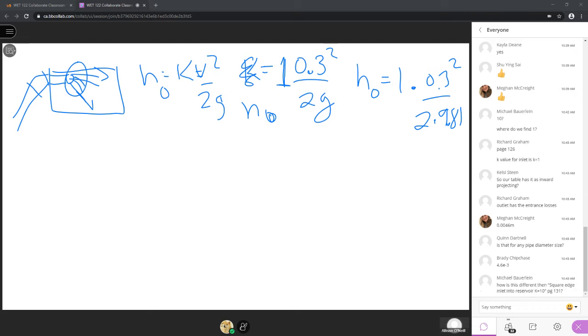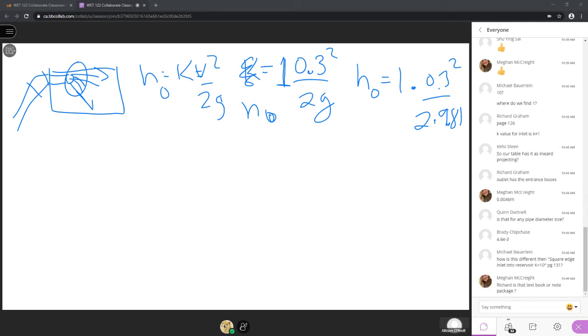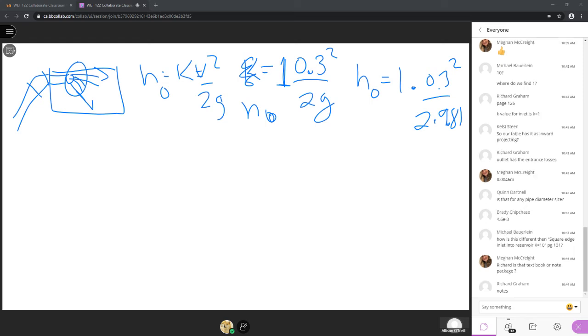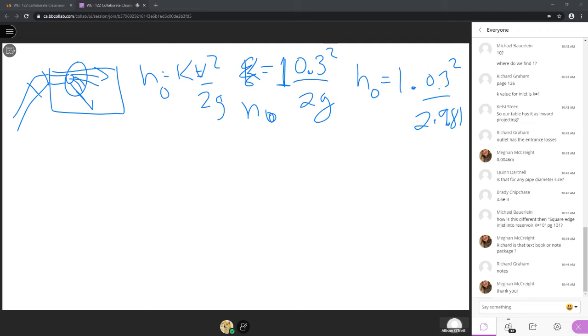And Richard is right. The outlet has entrance losses because the water is entering the reservoir. It's in the note package. So Mike, you've got it reversed.